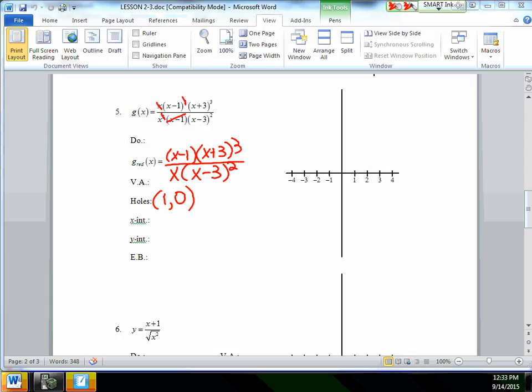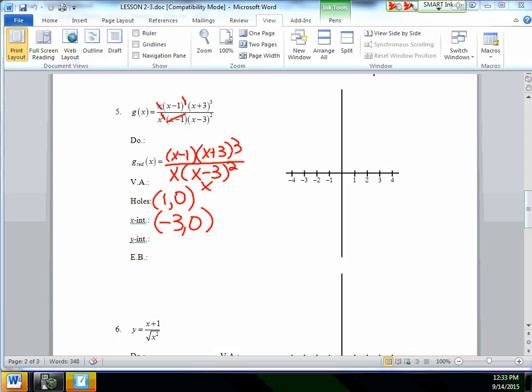Now let's go ahead and address our x-intercepts and y-intercepts. So to get our x-intercepts, we set the numerator equal to 0. Well, we already know that's a hole, so we're not going to include it as our intercept. And then right there we have -3, 0. Oops. Yeah, sorry. Now we're on our y-intercept, put zeros in for all the x's. And once again, let's do our VAs.